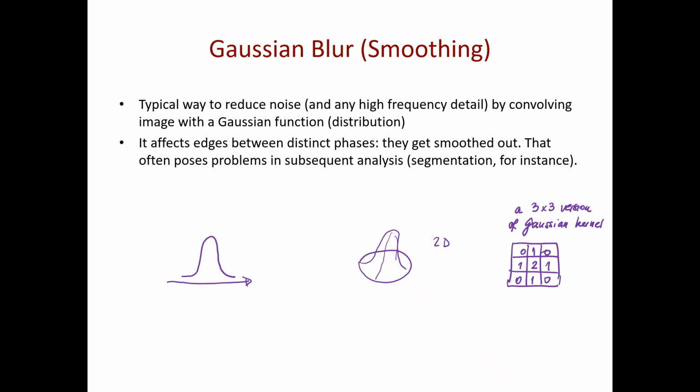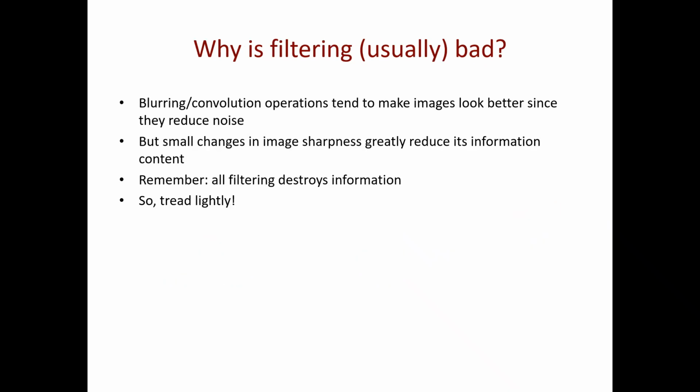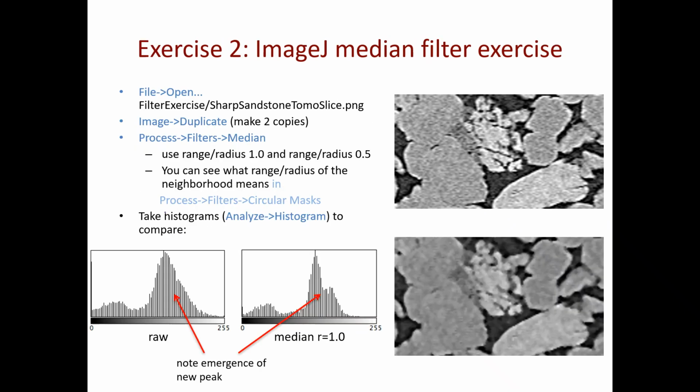Yes? So this is a circle in a discretized 3x3 world. It's very squarey, but that's the digitized world. So you can see what those masks are. Maybe we can first play with process filter circular masks.